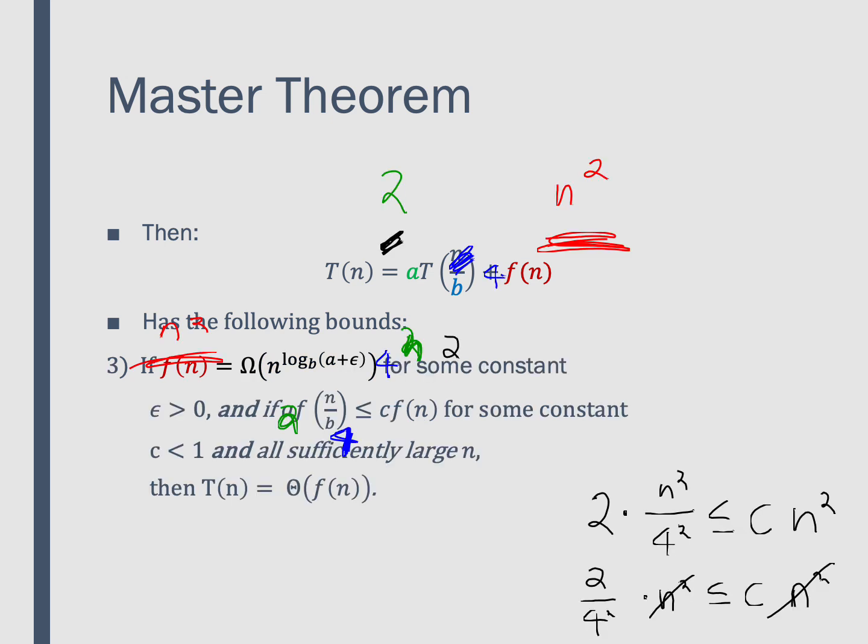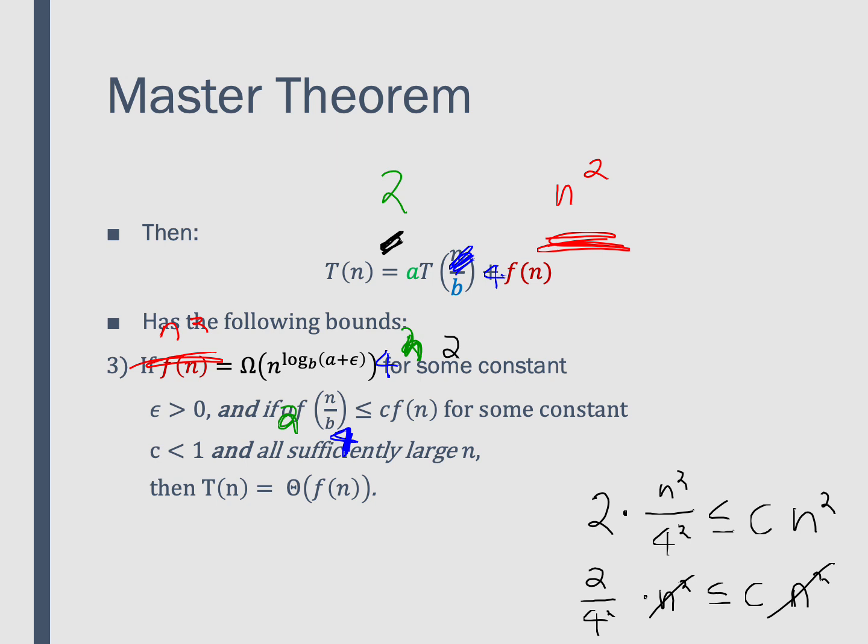Now, when f(n) is dominated by the recursive term, that is if f(n) = O(n^(log_b a - e)) for some e greater than 0, then we can say T(n) = Θ(n^(log_b a)). But when f(n) matches the growth of the recursive term, if f(n) = Θ(n^(log_b a)), then T(n) = Θ(n^(log_b a) · log n).